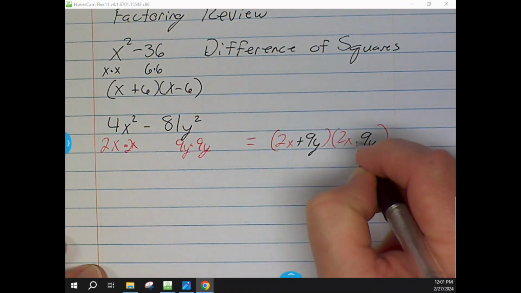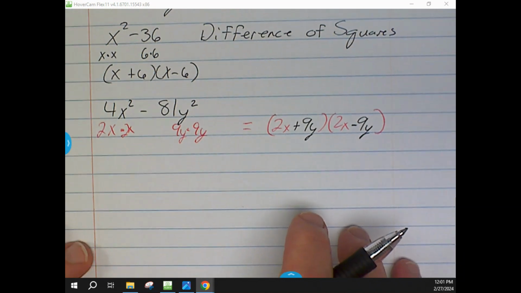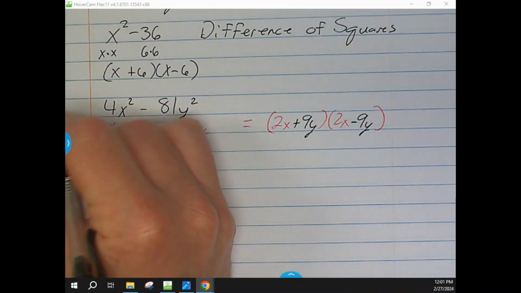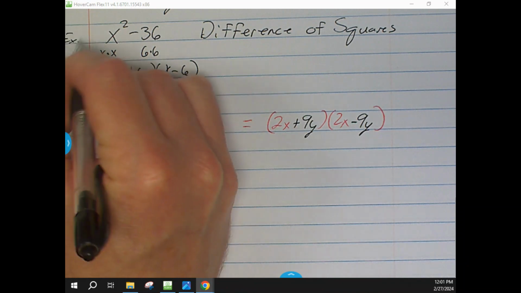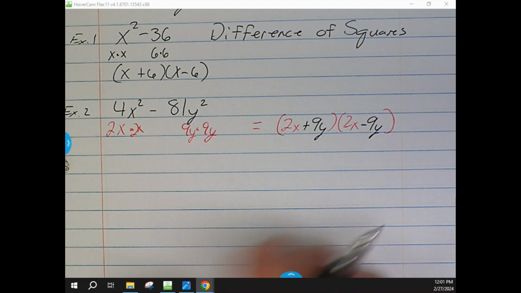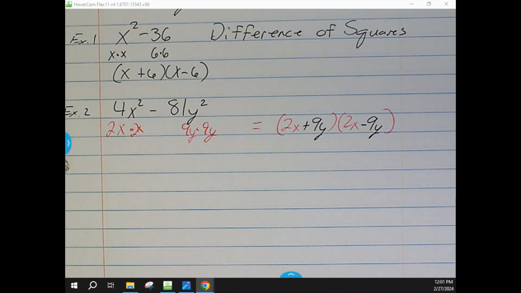One's going to be a plus and one's going to be a minus. Okay, so just remember that one. And again, that's just some different things there.